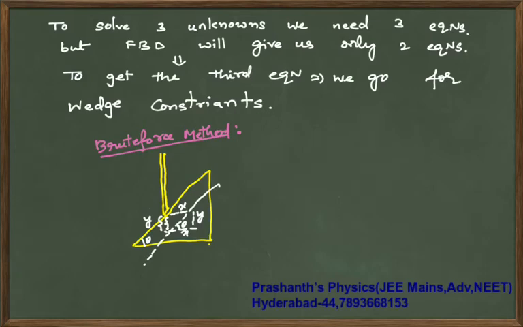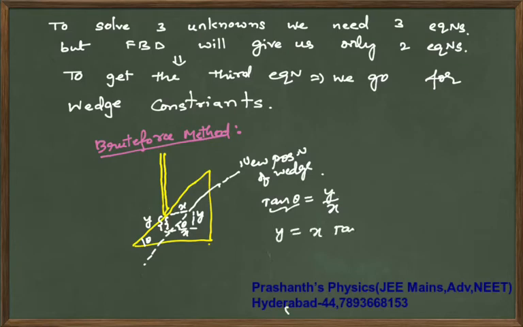This white dotted line is the new position of the wedge. Now from the triangle, it is very clear that tan theta is equal to y by x. Theta is constant. So y is equal to x tan theta.